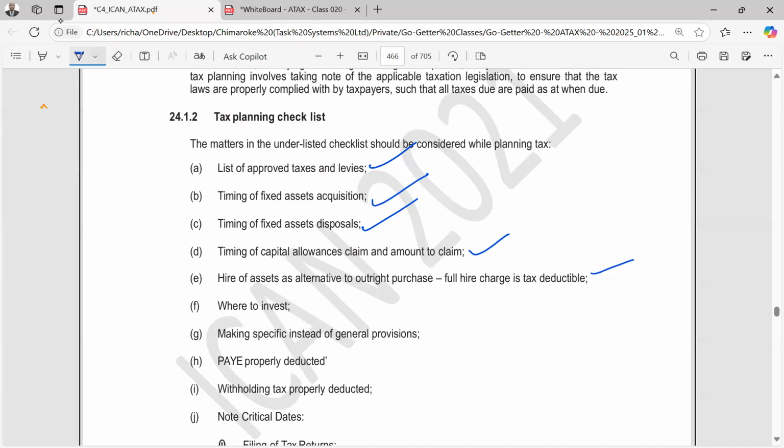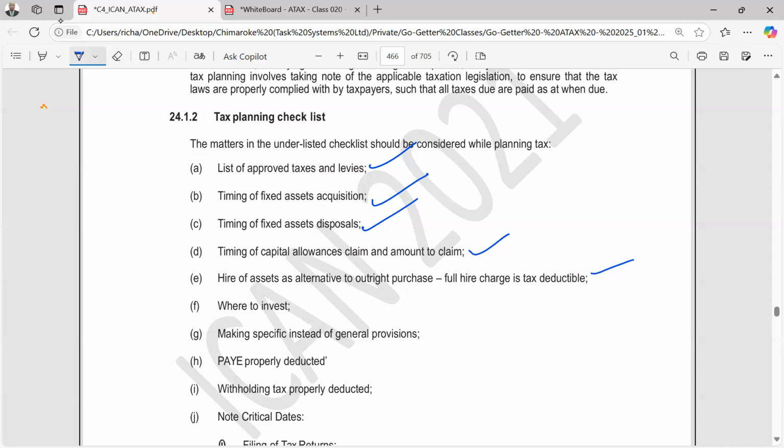When we are talking about capital allowances, we talked about hire purchase, and we spoke about something called substance over form. When you are doing hire purchase, the asset is eventually yours. You are claiming capital allowance on those assets, like we calculated.